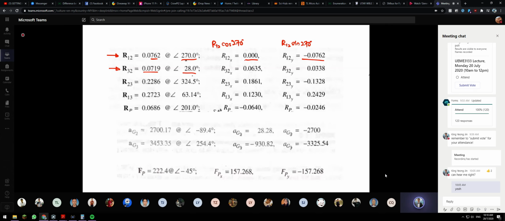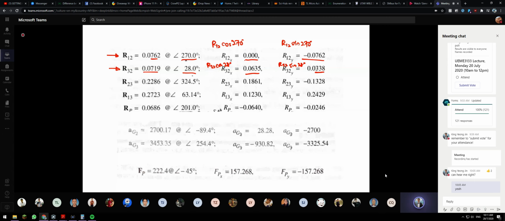Okay. So the same thing goes for R32. So you get R32 cos 28, and R32 sine 28. You'll get this.